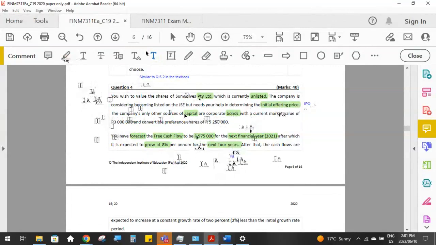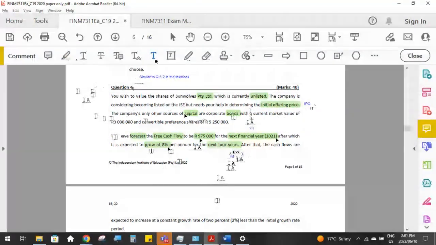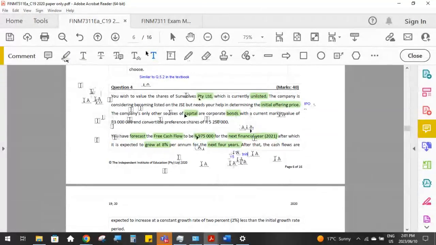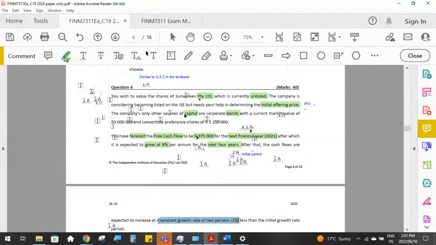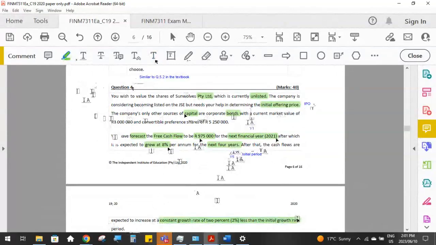After those 5 years, which we call the initial period, cash flows are then expected to increase at a constant growth rate of 2% less than the initial growth rate.